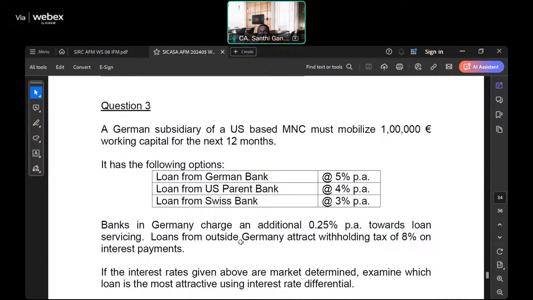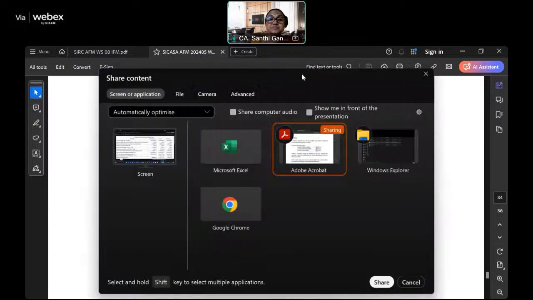The market determined rates are the rates which the foreign bank should get net of the withholding tax. So withholding tax has to be borne by the German company. So now let's see how to go about it.